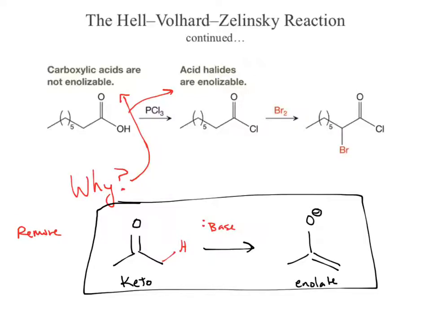So we add a base, which can share its electrons with the hydrogen, but now the hydrogen has too many bonds, so what has to happen? Kick them back. We have to kick some electrons away from it. So we can make the pi bond, but then our carbon has too many electrons.